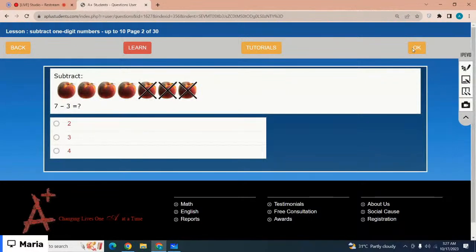Subtract 7 take away 3. Which is the correct option?